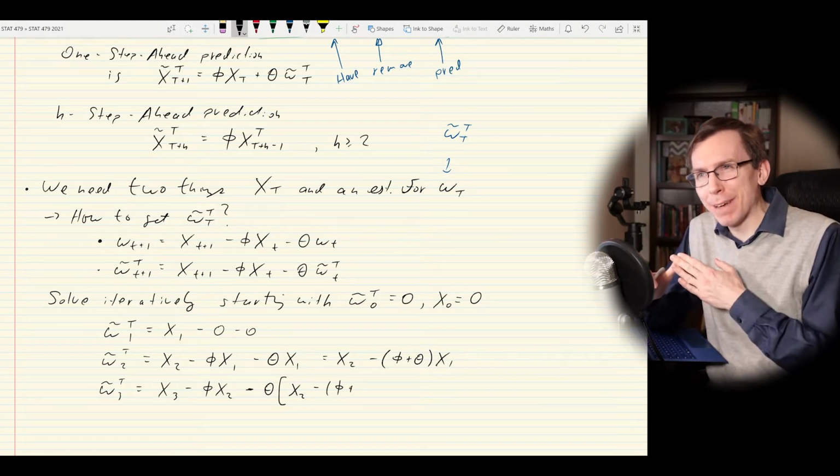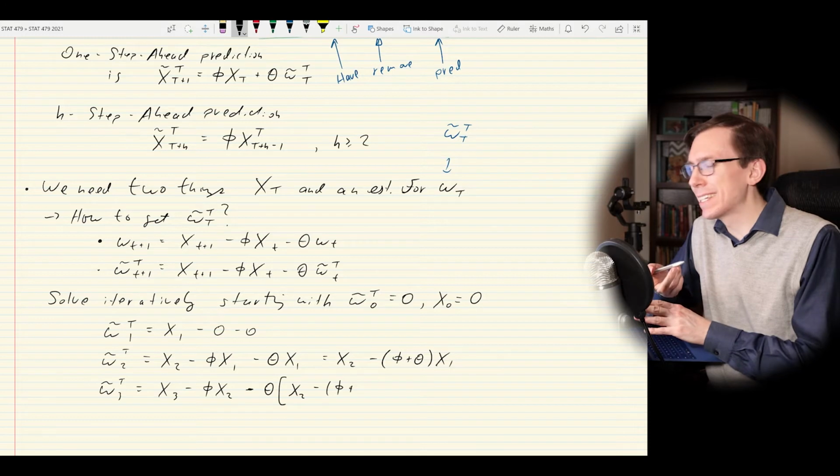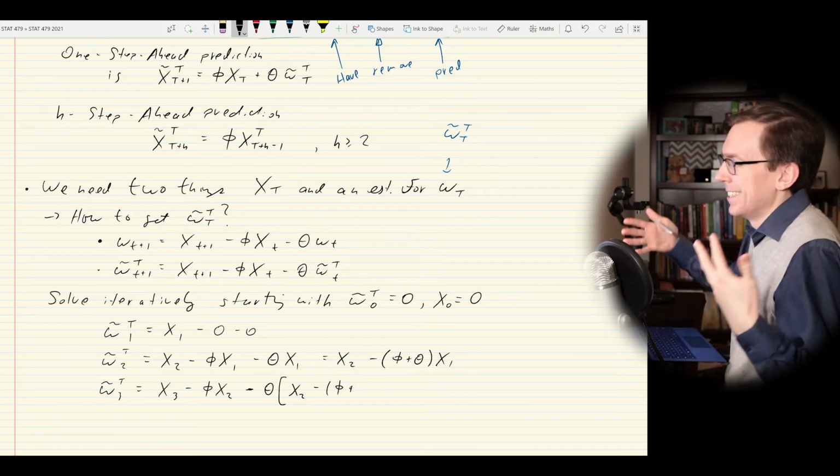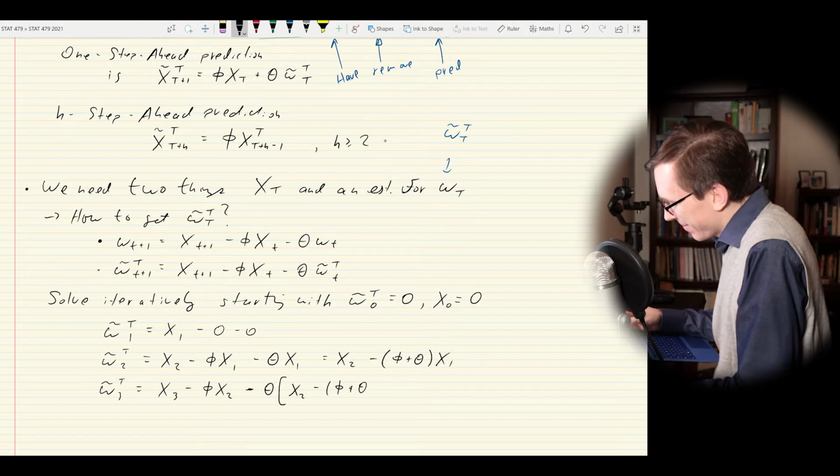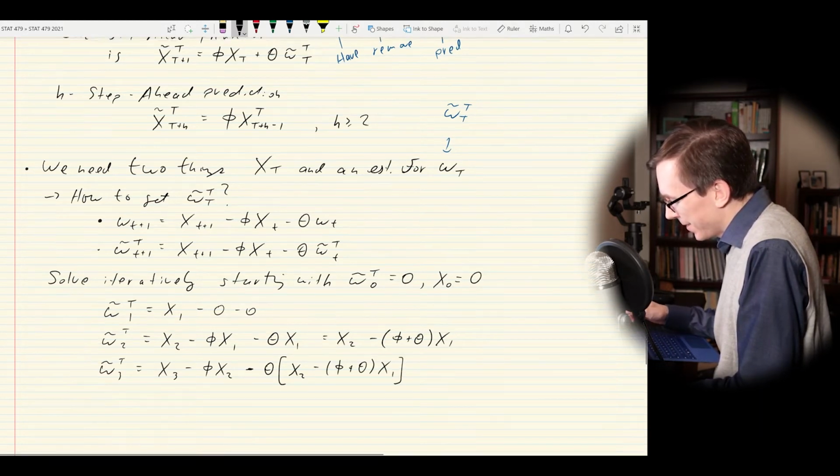Because we're not really estimating white noise. We're not predicting white noise. We're just kind of getting it. We want to predict x. We don't care about predicting w.